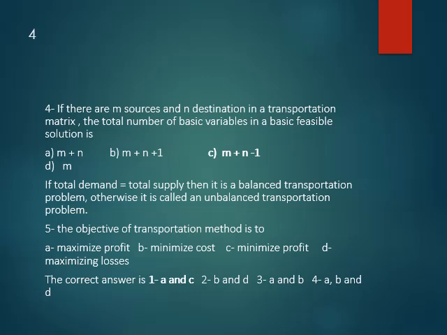If total demand equals total supply, then it is a balanced transportation problem. Otherwise, it is called an unbalanced transportation problem.